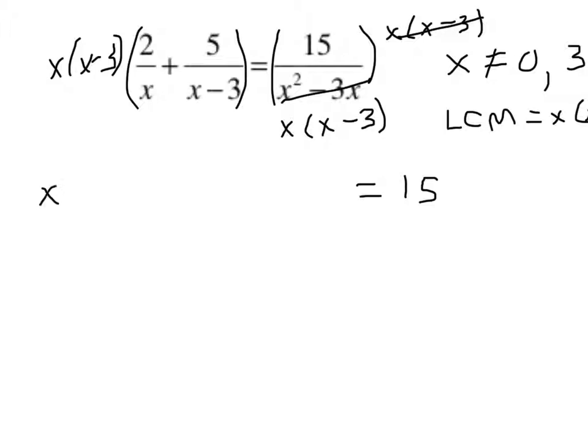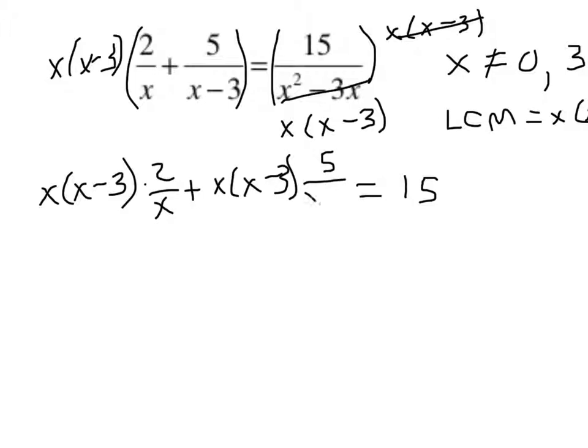So let's use the distributive property on the left-hand side. So we have x times x minus 3 times 2 over x plus x times x minus 3 times 5 over x minus 3. So the x's will cancel, and you have 2x minus 6.